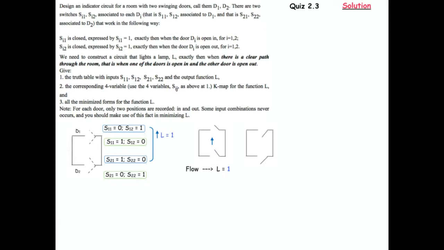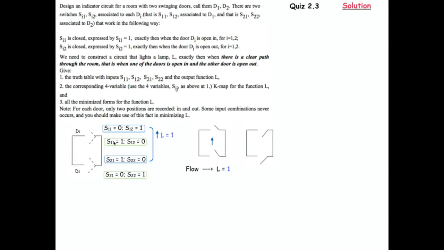Okay, you're right. I'll explain that difference in a second, and it's not material. It's immaterial. So when S11 is 0, S12 is 1, S21 is 1, S22 is 0, we get this condition where we have flow.